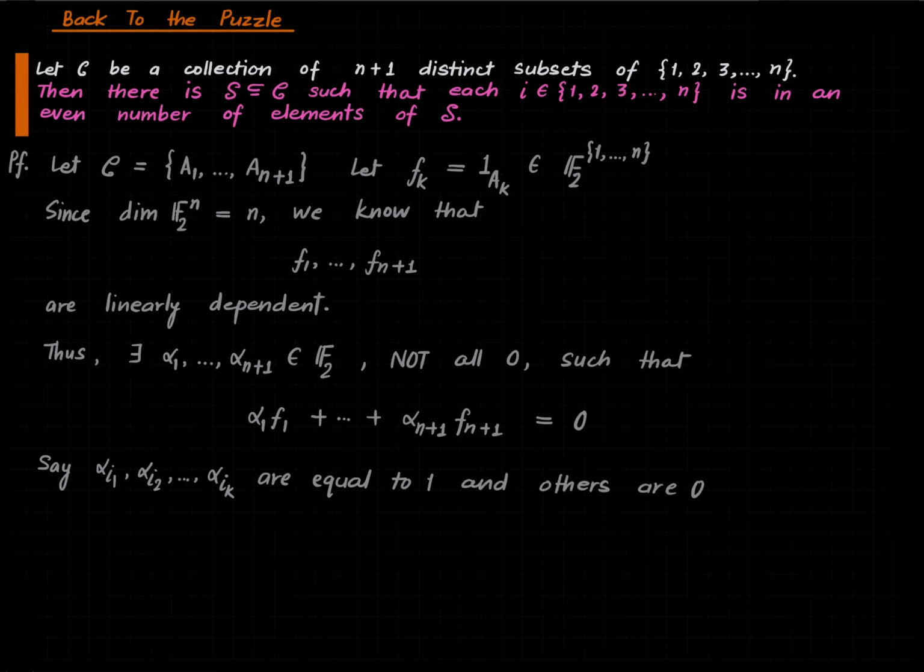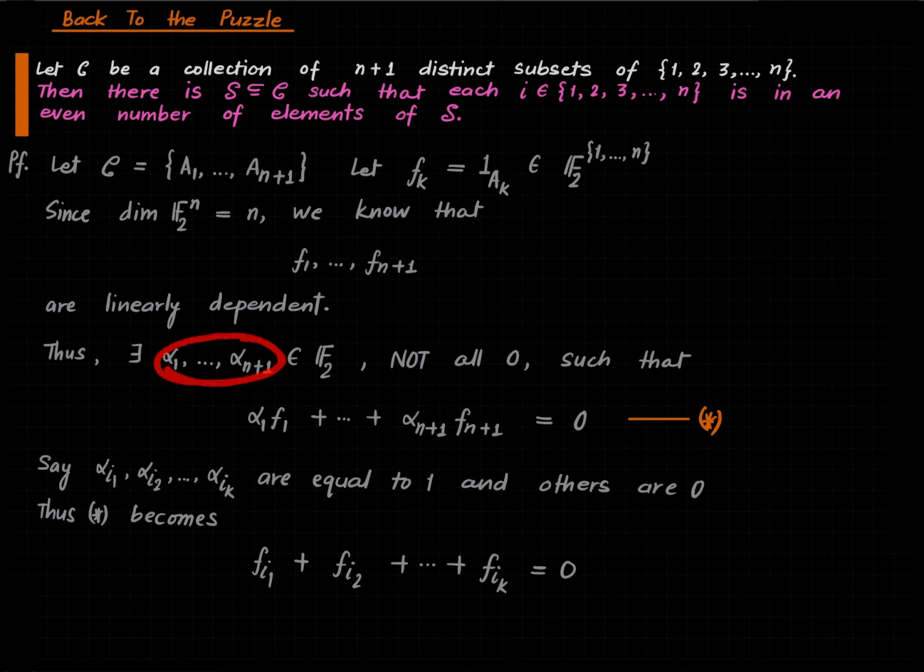So from this equation star, the star becomes f_i1 plus f_i2 plus dot dot dot f_ik. This is 0, where k is in fact positive, because at least one of them is non-zero.